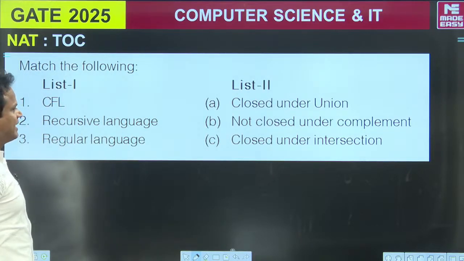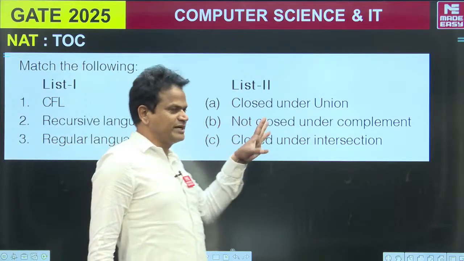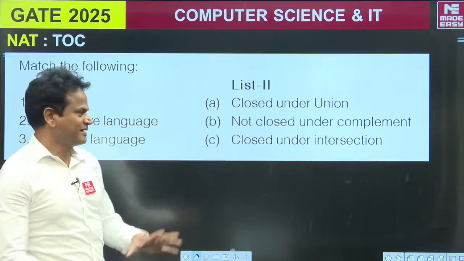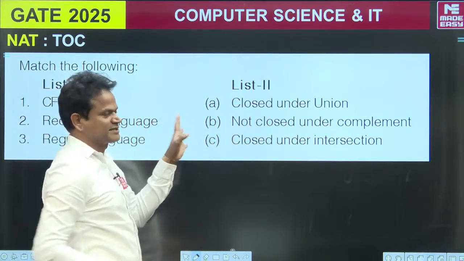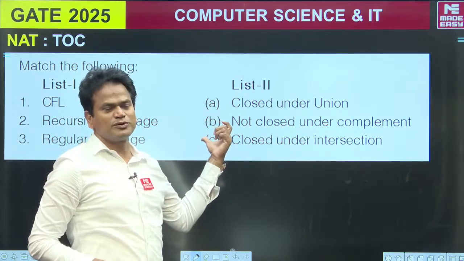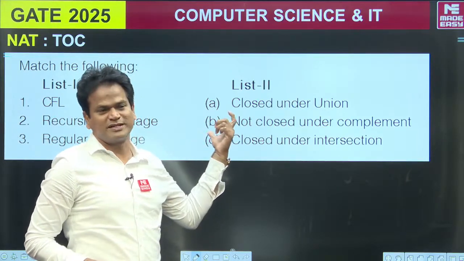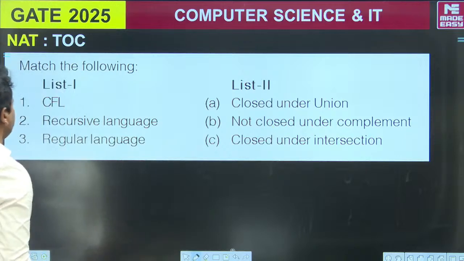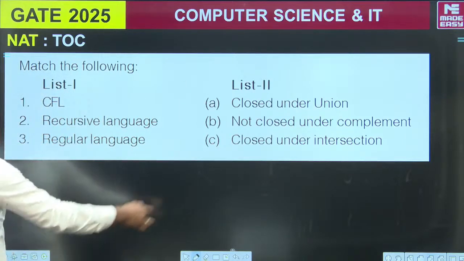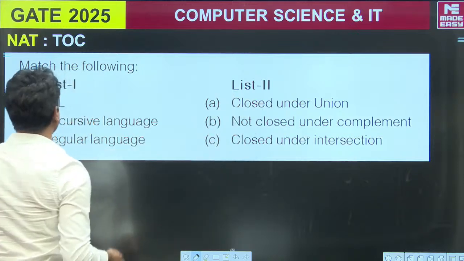Match the following. Actually, this data we have collected may not be exact, but I will try to match this according to whichever is more convenient and more possible. See here, list 1 and list 2 are given; these are the languages and these are the operations.